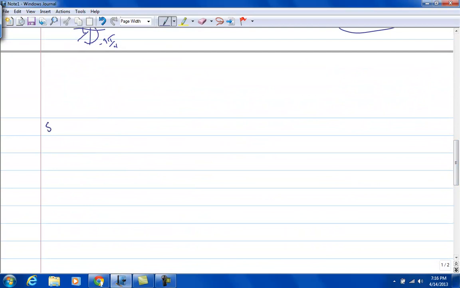So for 53, it says plot both complex numbers on the same graph and plot their product.